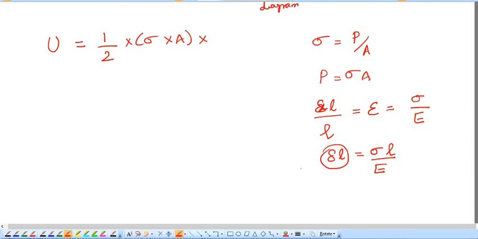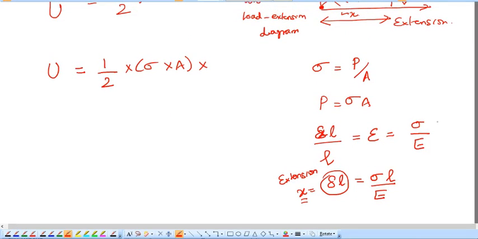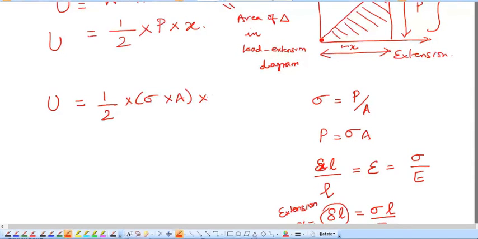Instead of this change in length, I am saying the extension x. So to easily understand, I am taking x as the extension or change in length. So instead of x, I have to substitute stress into length divided by the Young's modulus. So finally, I'll be getting half sigma square A into L divided by E.